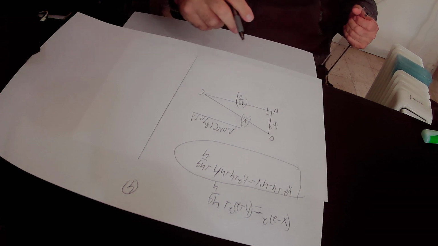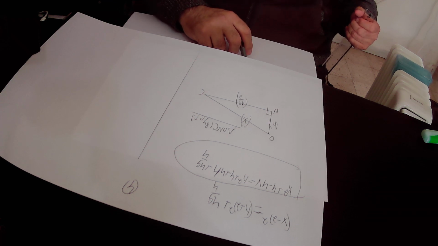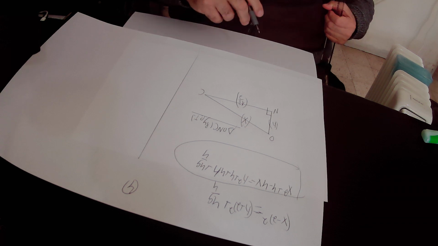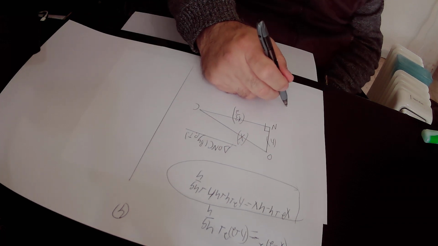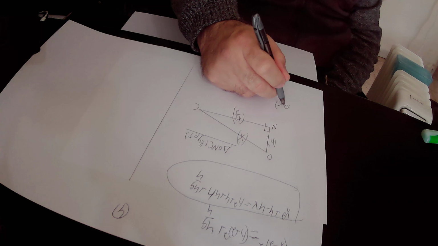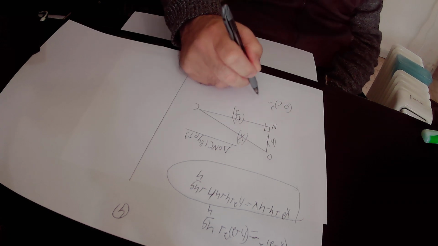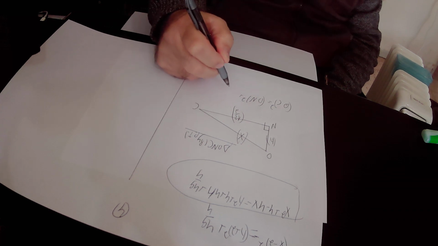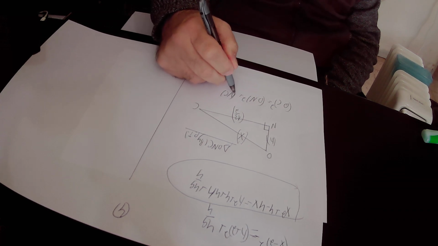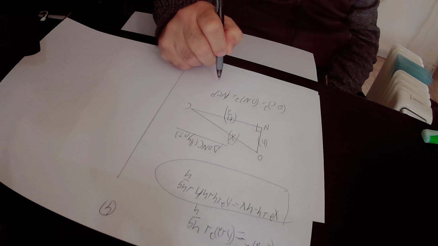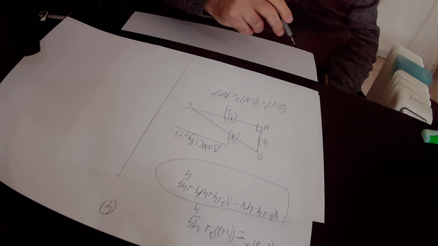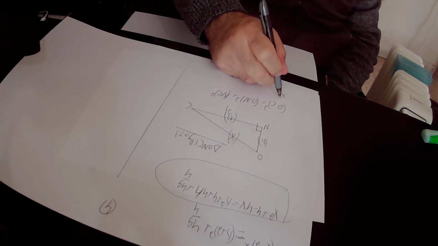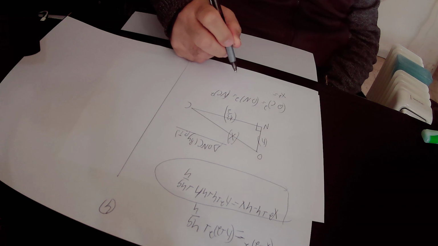Here is the evaluation for the Pythagoras theorem. According to the Pythagoras theorem, in this right triangle ONC, we get that OC squared equals ON squared plus NC squared. OC is x, therefore OC squared is x squared. That is equal to ON squared.